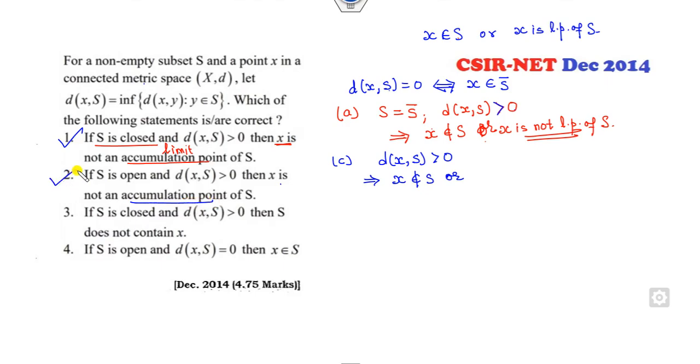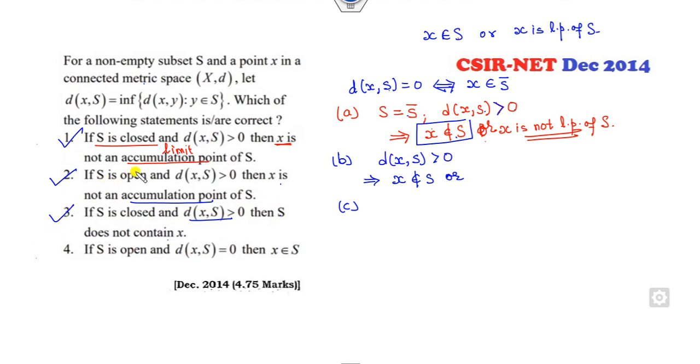Fine, this property again holds. So it is satisfied. Look at the third option, it's the B option. Now look at the C option. S is closed, D of x comma S is greater than 0, again this property, then S does not contain x. Fine.